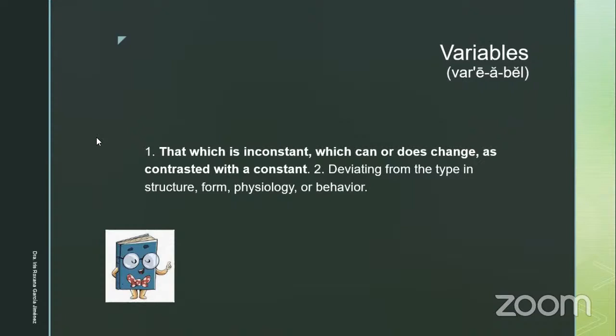Okay, now we have variables as a new concept, a new idea to check. A variable is that which is inconstant, which can or does change as contrasted with a constant. It is a deviation from the type and structure, form, physiology, or behavior.